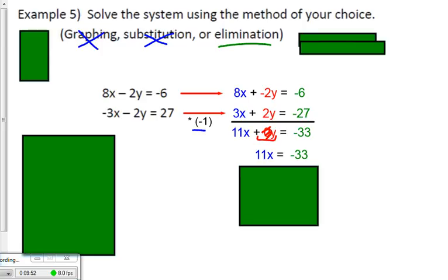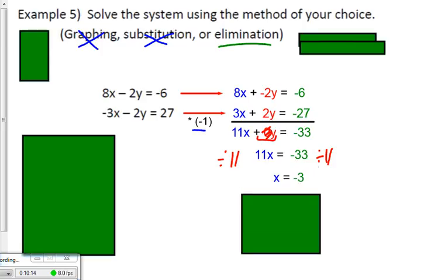Okay, so at this point we can simplify our equation to 11x equals negative 33. Like before, if we want to get our x alone, we're going to have to divide away the 11 from both sides of our equation. Whatever you do on one side, you have to do to the other, which leaves us with x equals negative 3. So we got x all alone.